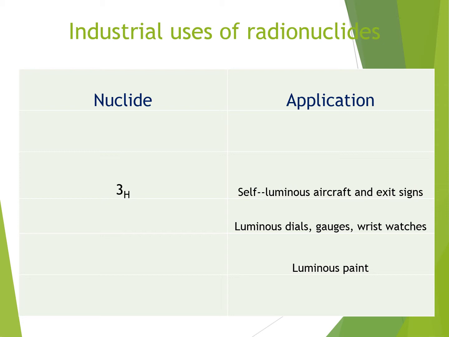Because of its ability to glow, it can show a luminous spark, due to which it is used in exit signs. It can also be used in luminous dials, gauges, wristwatches, and luminous paints.